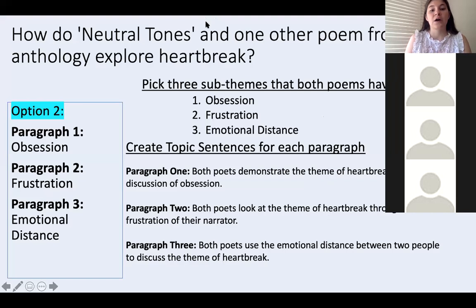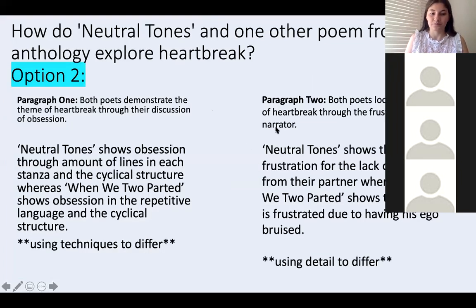All right, so we have our 3 ideas, we have our 3 topic sentences, okay? You should always be using topic sentences, even when you're doing other exams. It's the first sentence in your paragraph that explains to your examiner what you're going to be looking at, okay?